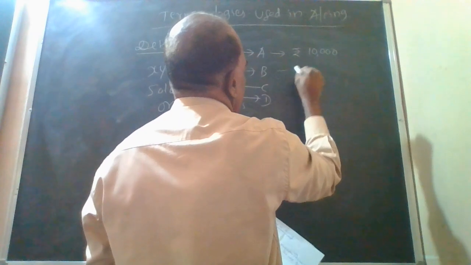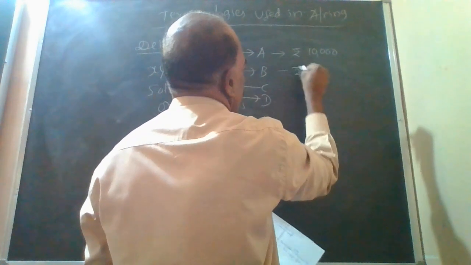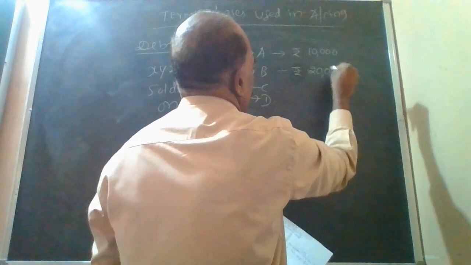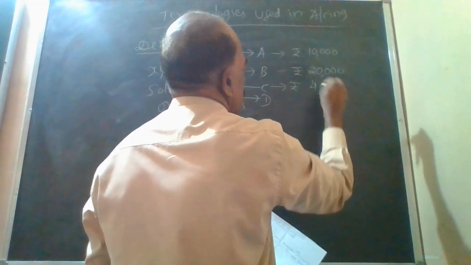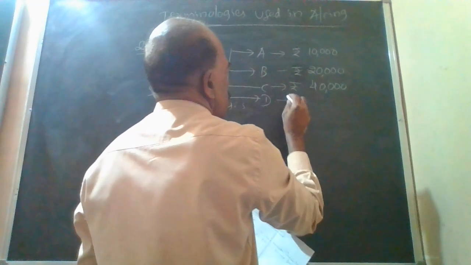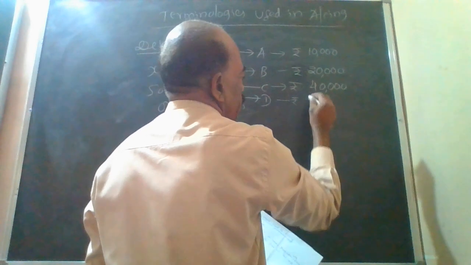To B they sold goods worth rupees 20,000. To C they sold goods worth rupees 40,000. To D they sold goods worth rupees 50,000.